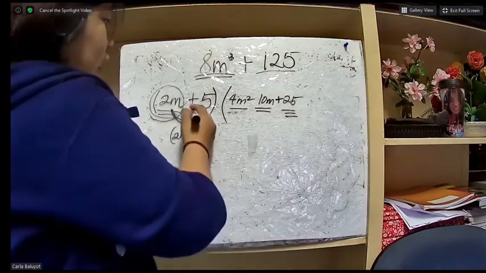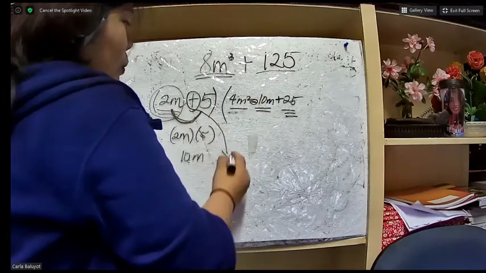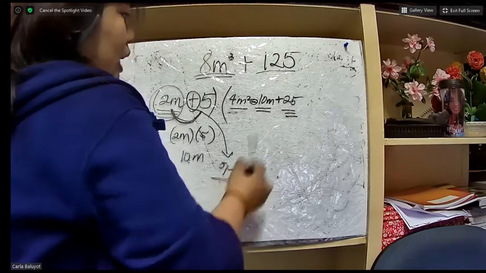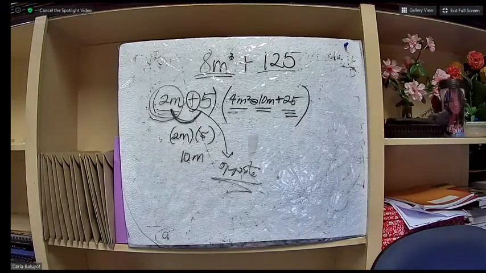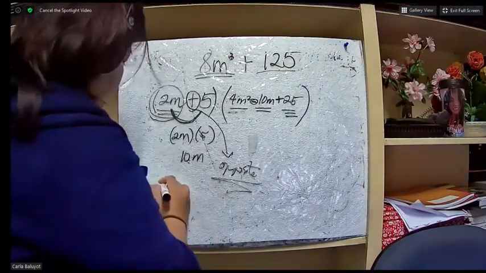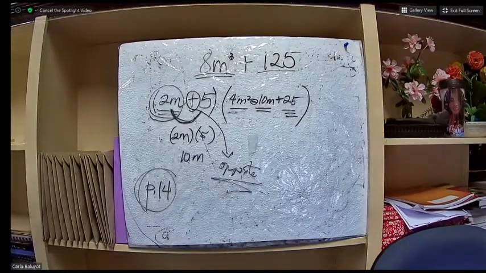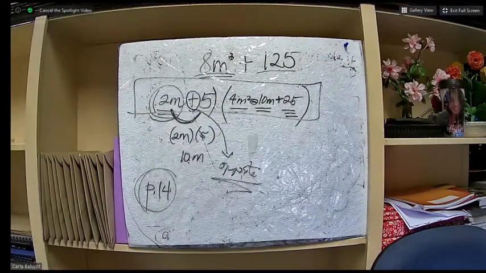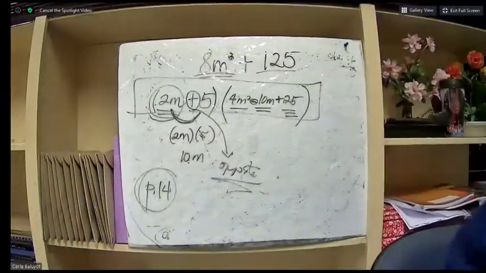Okay, since this is positive, dito ay magiging negative. The middle sign will always be the opposite. Okay? So, yun po yun. Ganun po siya kadali. You may refer to page 14 for other examples. So, ito po yung factor niya. Again, you may refer to page 14 for further examples and explanations.